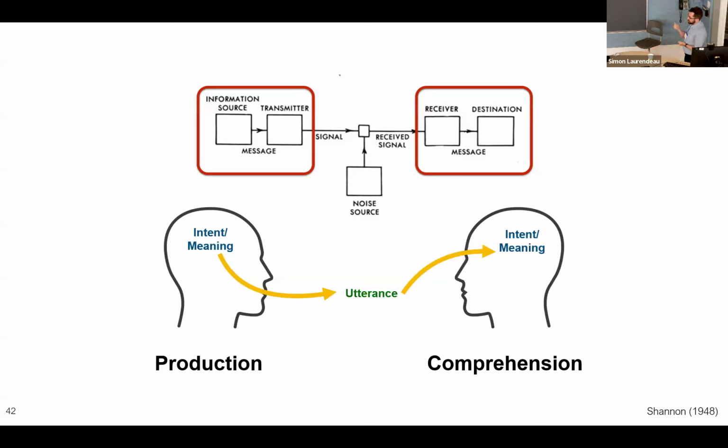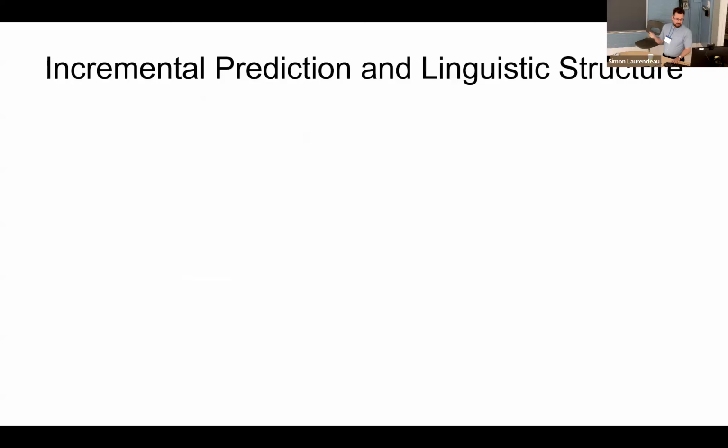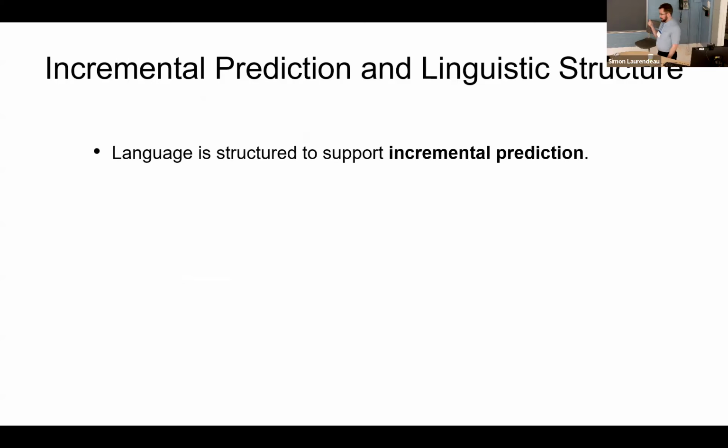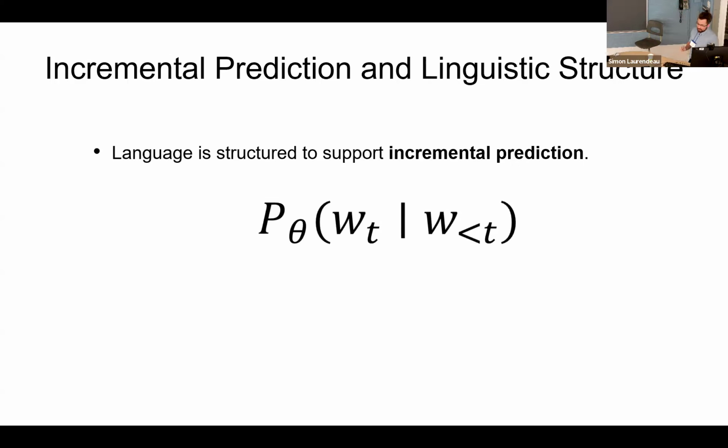So if human language is shaped by information processing constraints, then human language should be structured in a way that supports incremental prediction, the same thing that is done by language models, and the same thing that appears to be done by humans in language comprehension. So human language is actually structured so that this kind of distribution is going to be easier to learn and easier to use than otherwise.